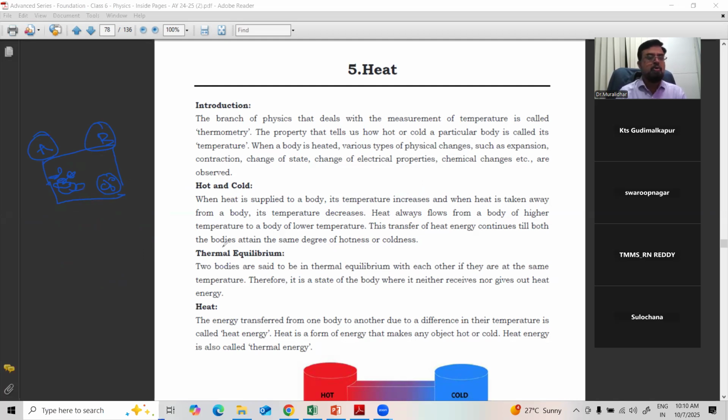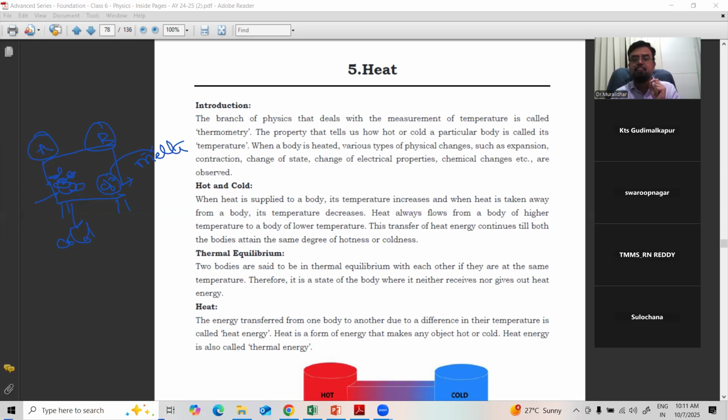Both are placed on the same dining table. After some time you can see the ice melts, and the hot coffee becomes cold. Ice cubes melt when they are placed on the table.